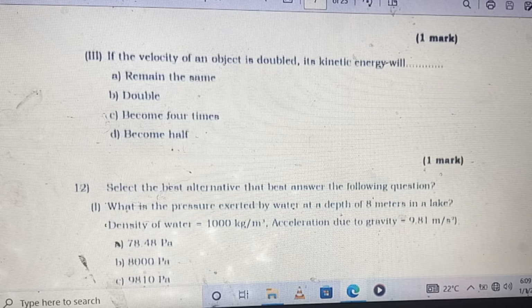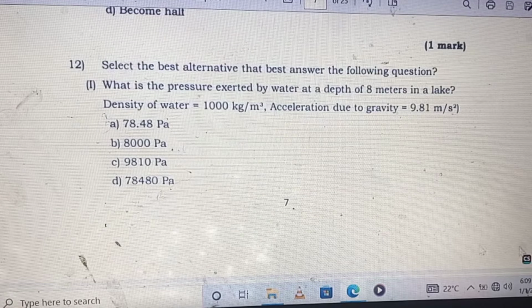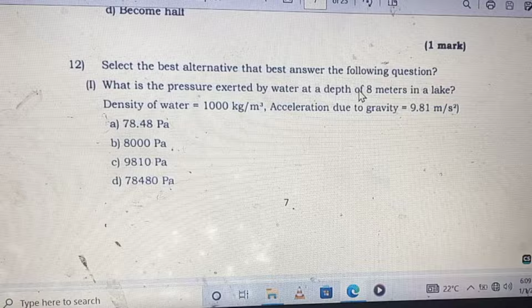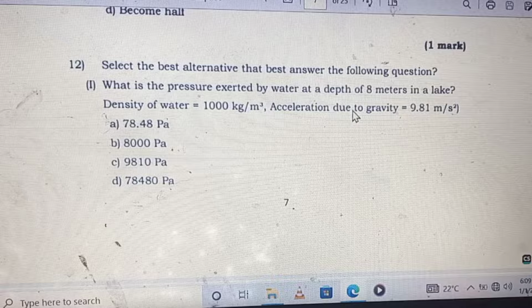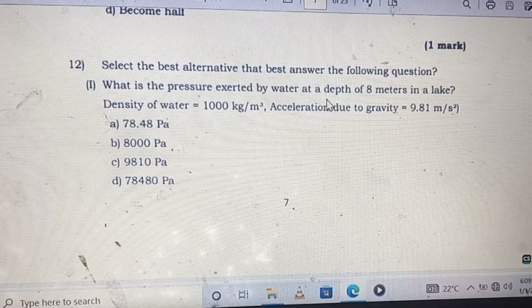Question 12. Select the alternative that best answers the following question. I. What is the pressure exerted by water at a depth of 8 meters in a tank? Density of water equals 1000 kg per meter cubed. Acceleration due to gravity equals 9.81 meters per second squared.